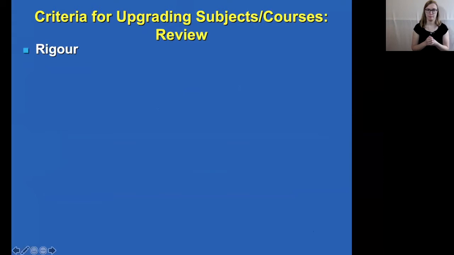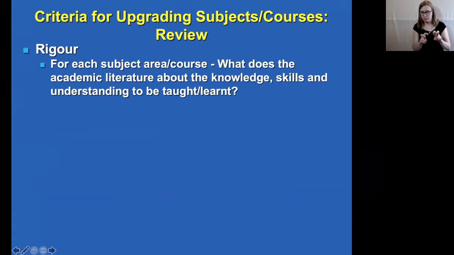How does that compare with other countries, their curriculum in the same subject areas? Then part of the review, apart from doing the benchmarking, is for each of your courses, what does the academic literature say about the knowledge, skills, understanding to be taught? So, for example, in your mathematics courses, what is the current view about the teaching of mathematics in senior years of school?